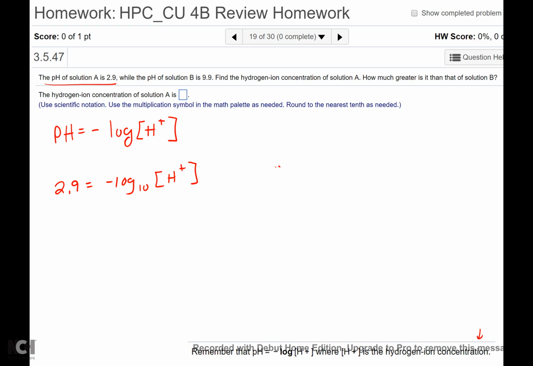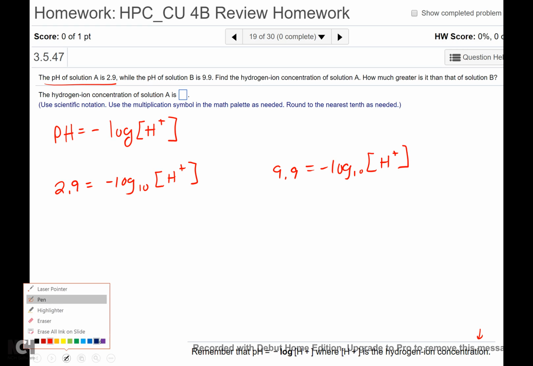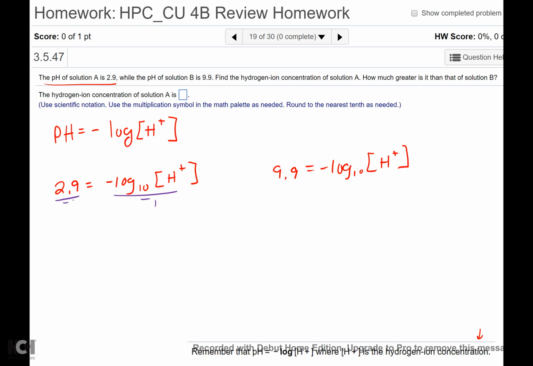And for B, it's 9.9 equals negative log base 10 of the hydrogen ion concentration. Alright, so I'm going to divide by a negative. So it's going to be negative 2.9 equals log of the hydrogen ion concentration. To get H alone, I'm going to roll the log, which gives me the ion concentration of the first one. It's 10 to the negative 2.9.